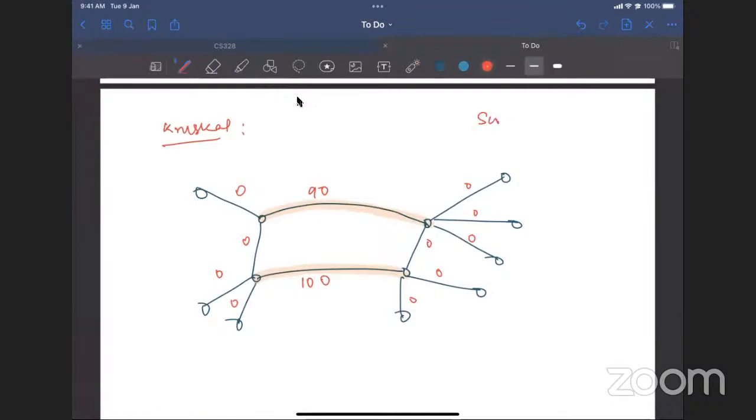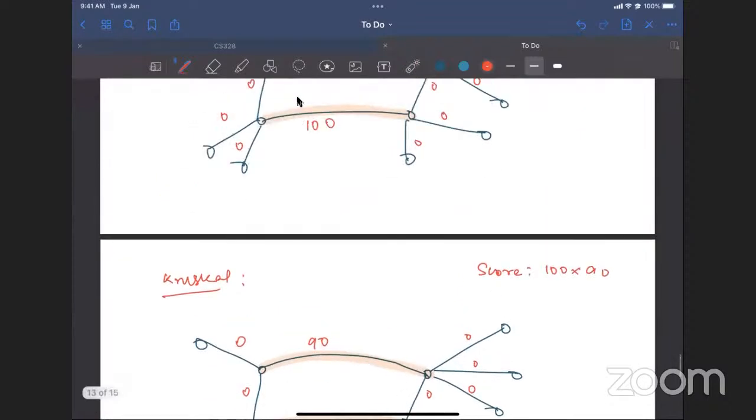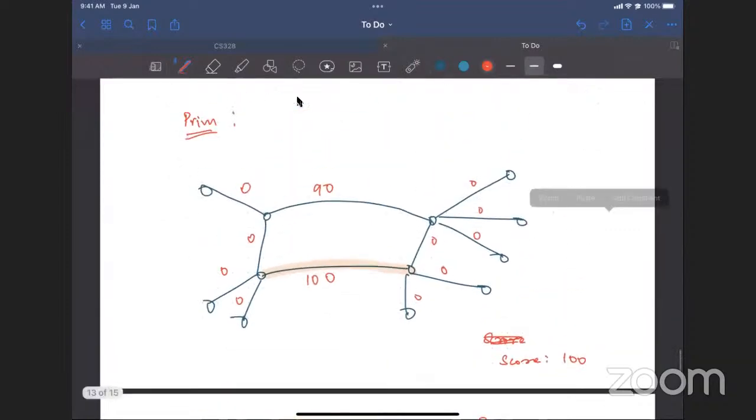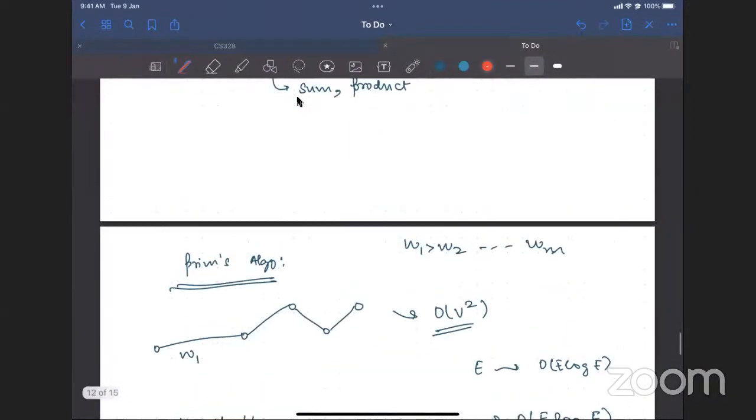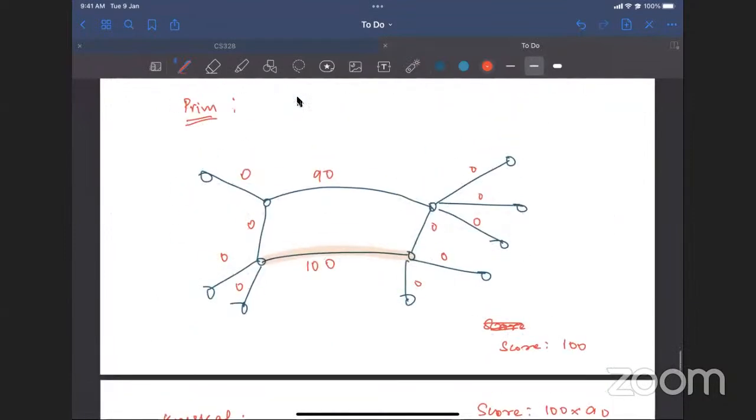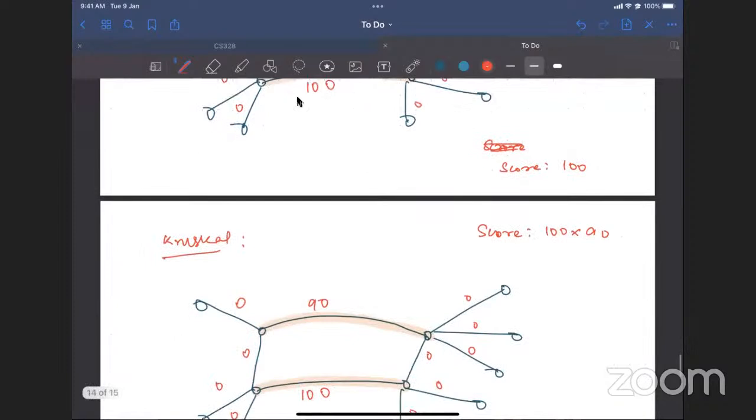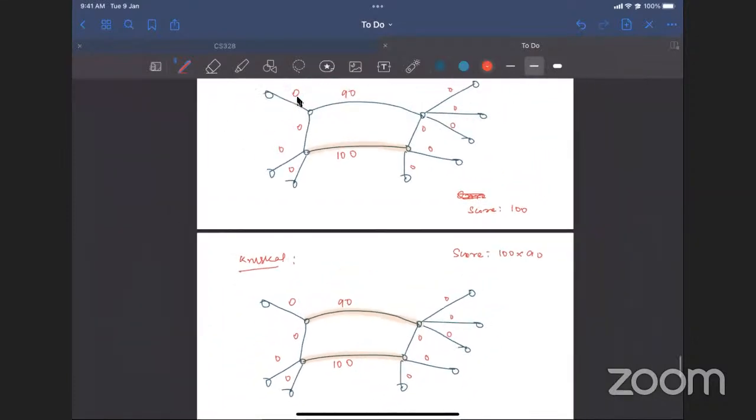So here my score is 100 into 90. Here my score is 100. So I just mentioned that you should use Prim's algorithm, but Prim's algorithm seems to fail in some situations.